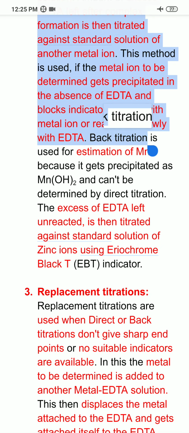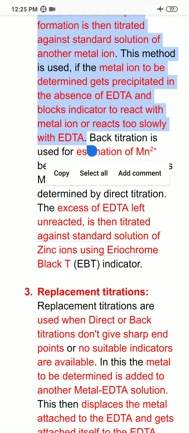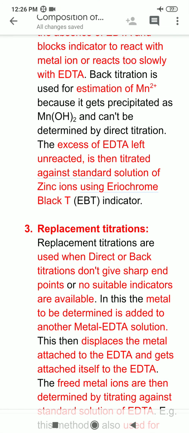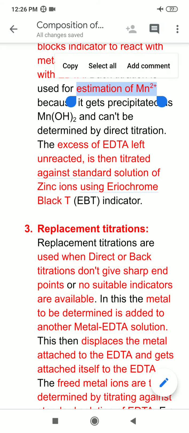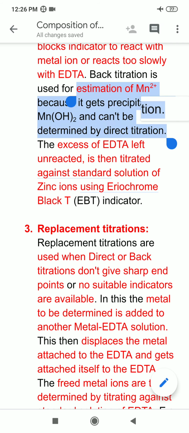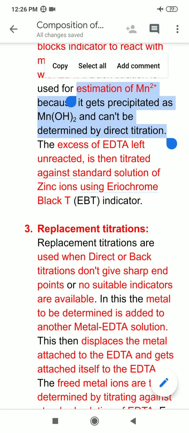The second case is that the metal ion reacts too slowly with the EDTA. For example, back titration is used for the estimation of manganese. Why? Because manganese gets precipitated as manganese hydroxide. If it gets precipitated as manganese hydroxide, then manganese cannot form a complex with the indicator, so we cannot determine it by a direct titration. Then what will we do?